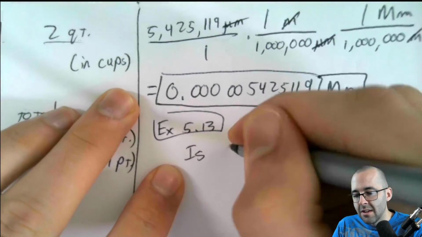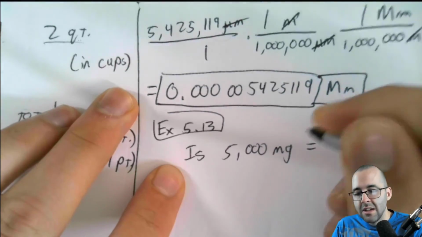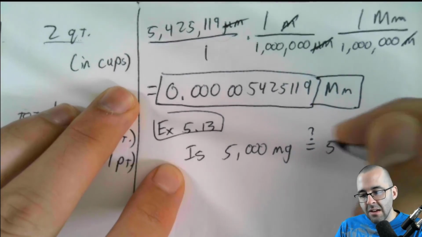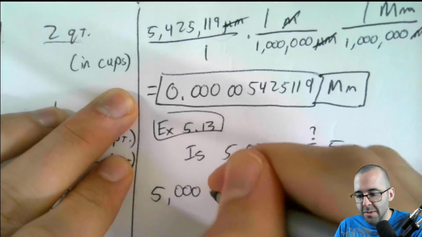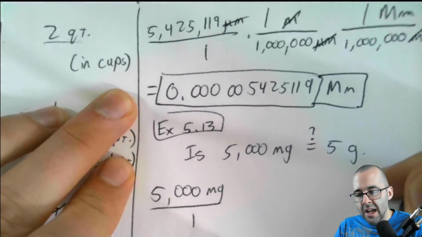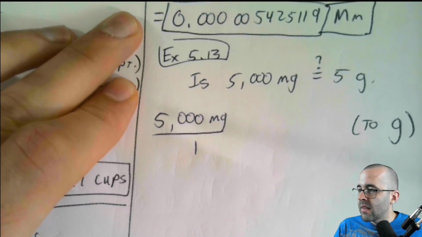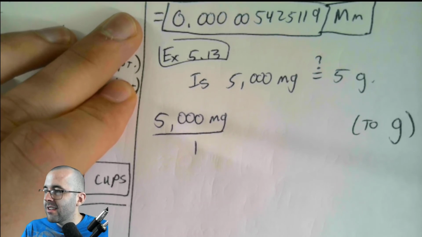So is 5,000 milligrams equal, sometimes you can do a question mark by the equal sign, 5 grams. So let's start with 5,000 milligrams and let's convert it to grams. All right, Jason, get on the other side. You're blocking things.